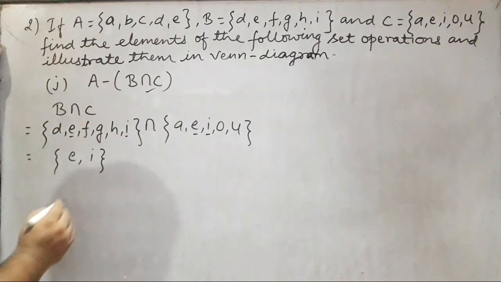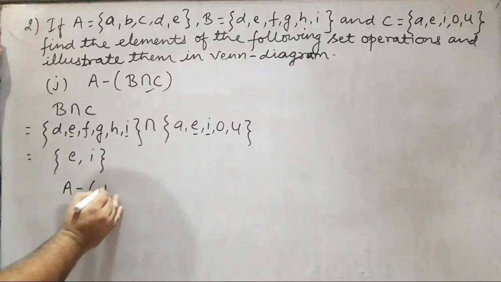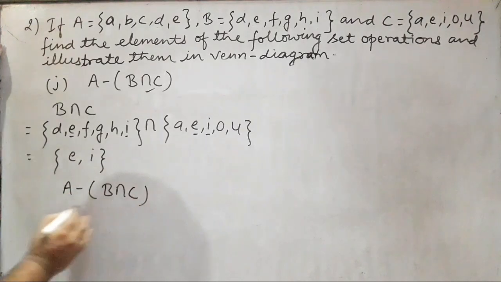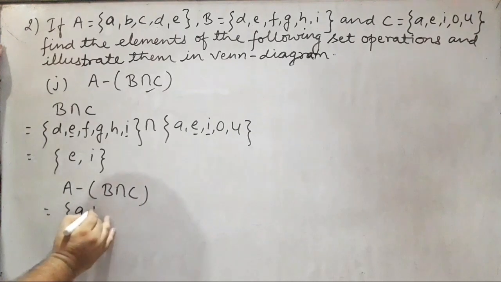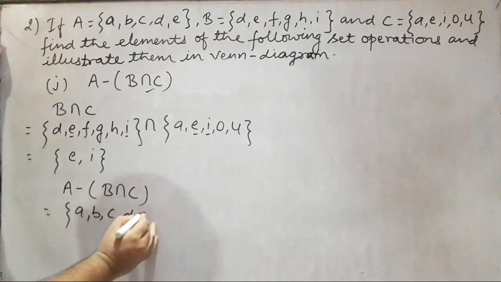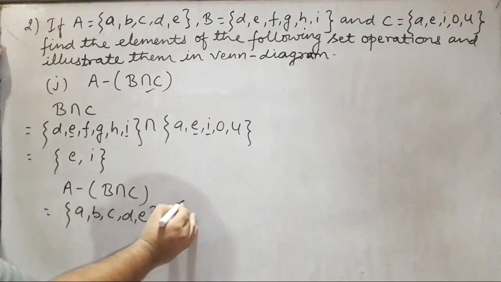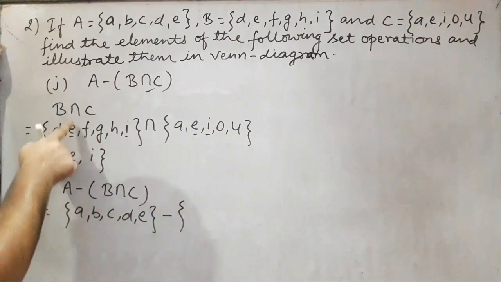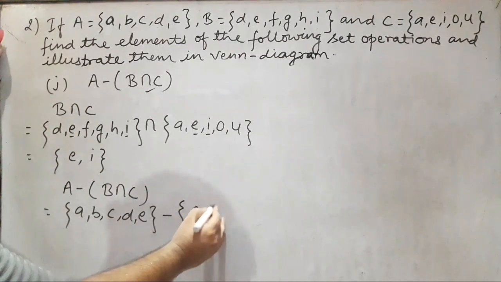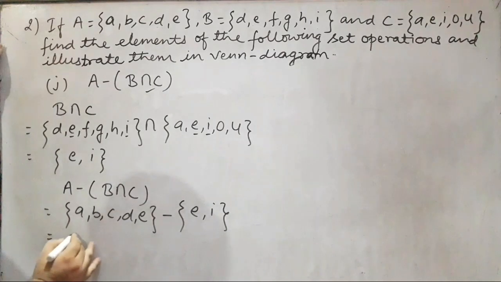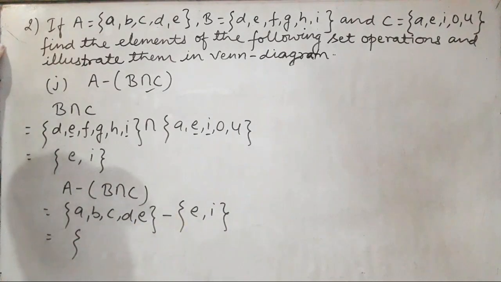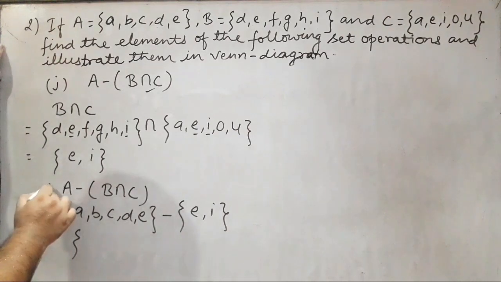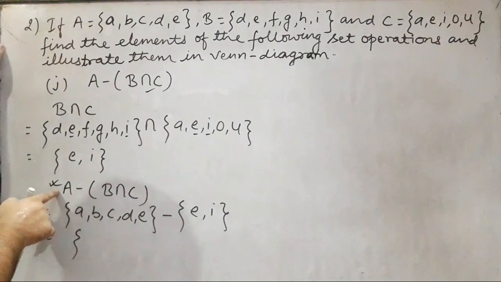Now A minus (B intersection C). The elements of set A: A, B, C, D, E minus (B intersection C), we got the elements E, I. When we subtract two sets, we have to write down the elements contained only in the first set.